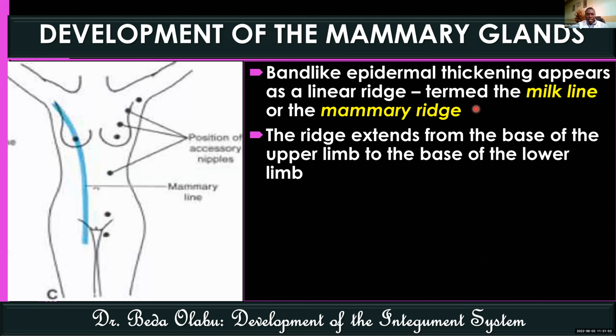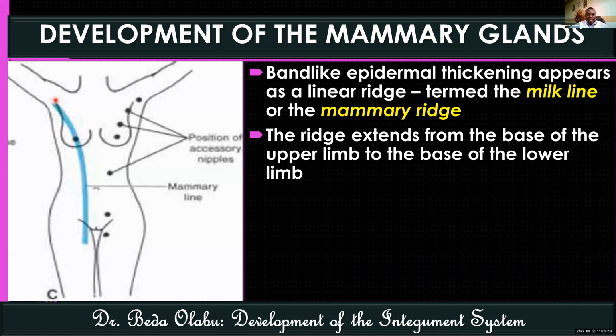Okay, let me say that again. With regard to development of the mammary gland, we have a band-like thickening of the epidermis. That band-like thickening of the epidermis extends from the base of the upper limb to the base of the lower limb, represented by this blue line.